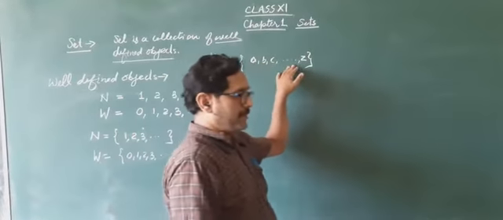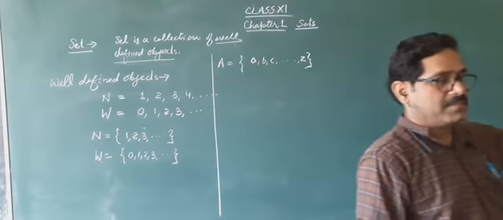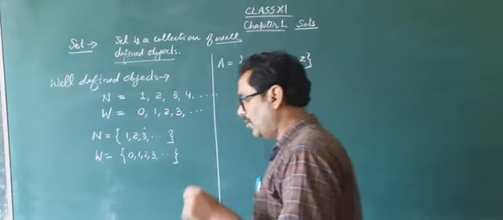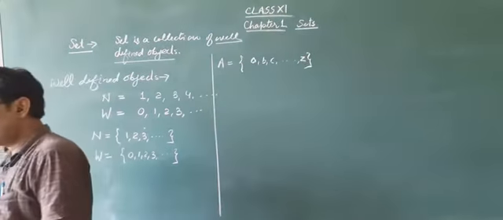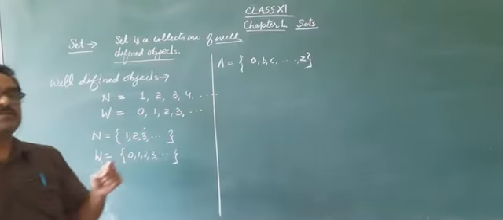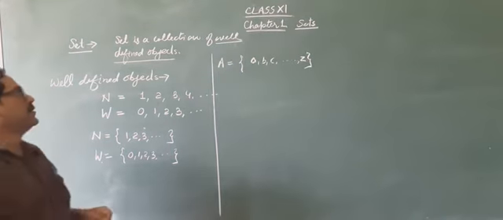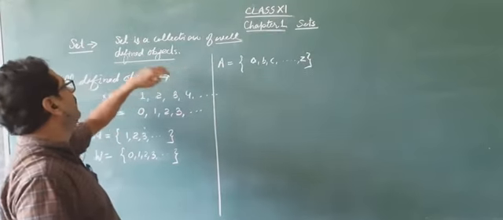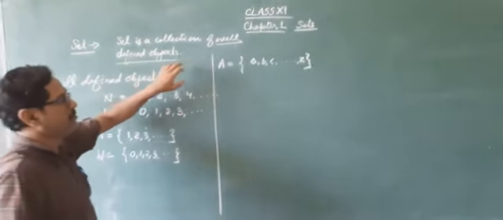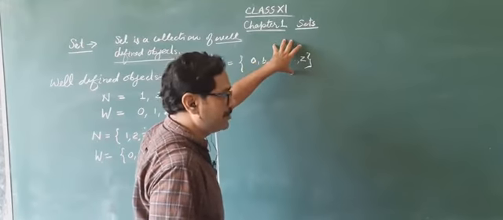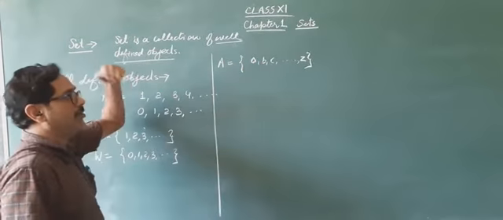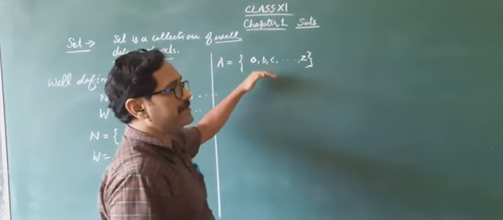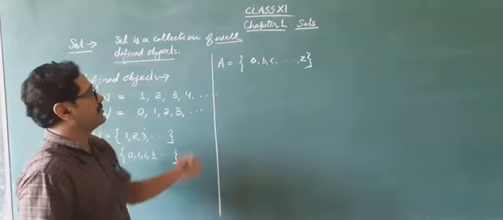So a, b, c and so on up to x, y, z are the English alphabet, meaning all the letters have the same property, which is English alphabet. So A is a collection of well-defined objects. These are the objects, and when objects are written in curly brackets, they are called elements.